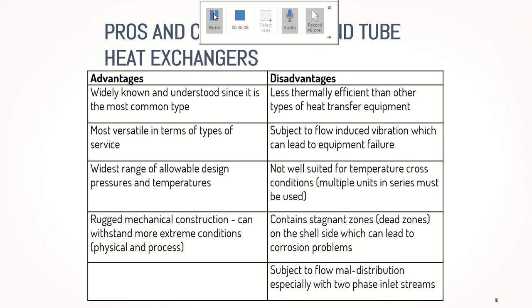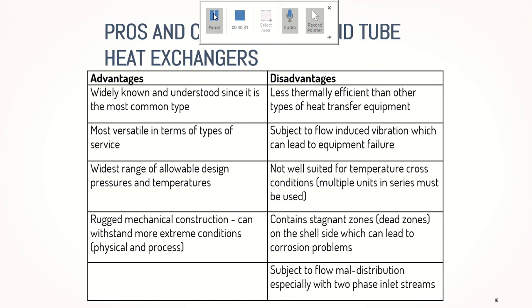It also allows a wide range of design pressures and temperatures, unlike the concentric heat exchanger, and this is due to its rugged mechanical construction, where it can withstand more extreme conditions.